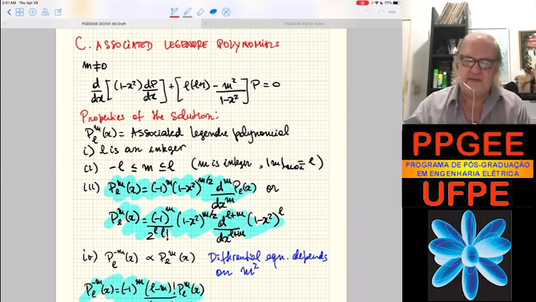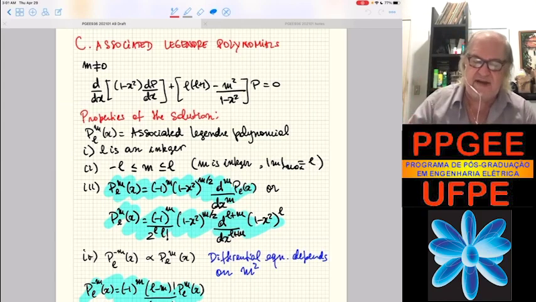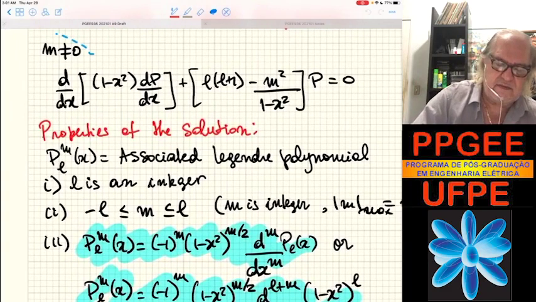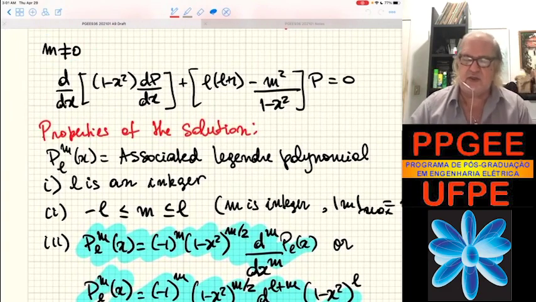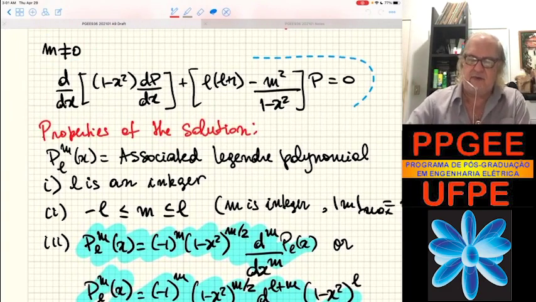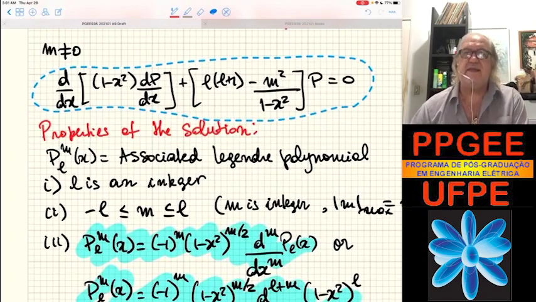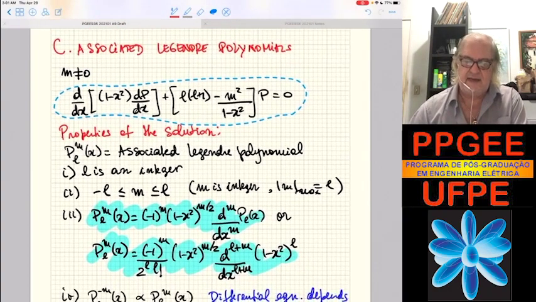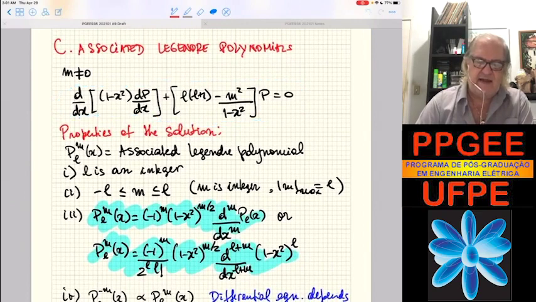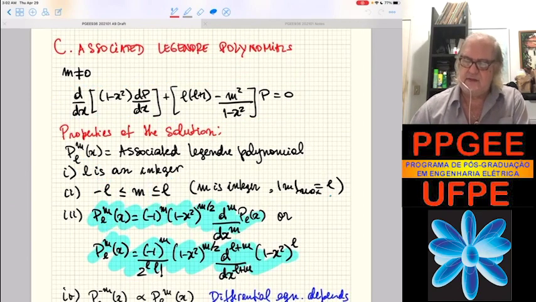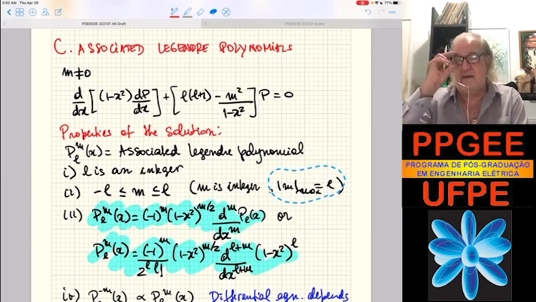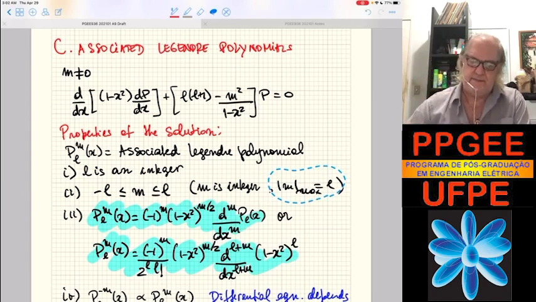But you can go to specific time points. So if you now have m different from 0, you have these associated Legendre polynomials that now depend on two indices. Okay. We still have L an integer, but allowed values of m are those between minus L and L. So we also have that criterion for convergence.